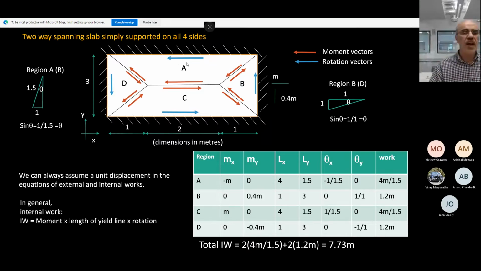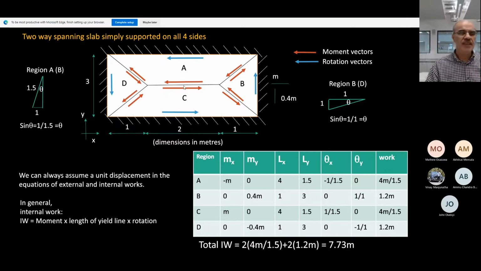What is the rotation along this edge? Can you see the diagram I've got here on the left for region A? Look, this length is 1.5. This length is 1.5.